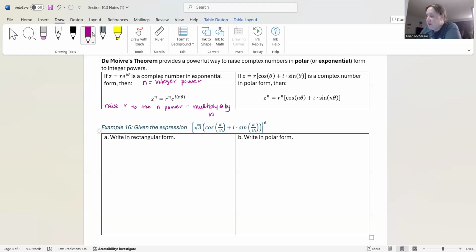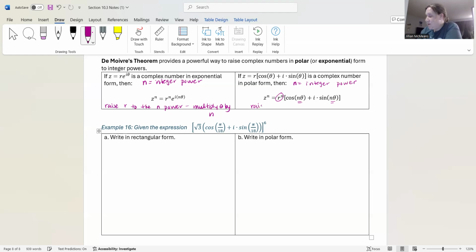Now, on the flip side, if z equals r times cosine theta plus i times sine theta, a complex number in polar form, and we wanted to find some integer power of that, n equals an integer power, then we take r and raise it to the n power, and we take theta and multiply it by whatever the exponent is.